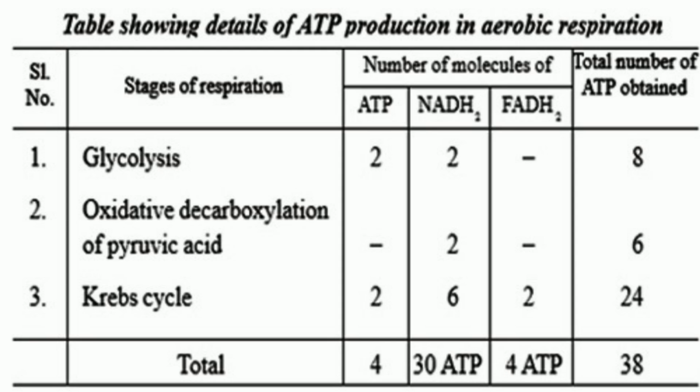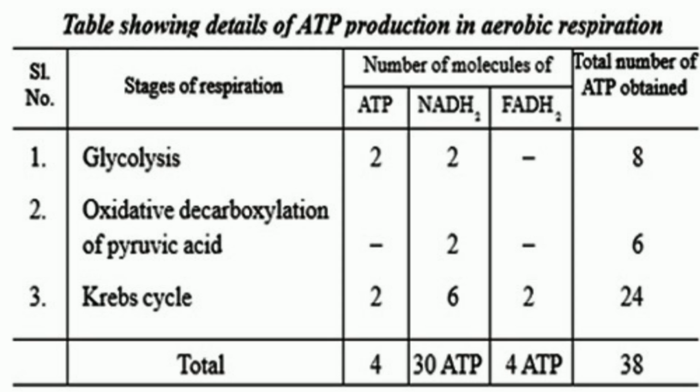And in Krebs cycle, 2 ATPs, 6 NADH, 2 FADH2, which is equal to 24 ATPs, and in total you can see there are the 4 ATPs, and as a result of NADH2, where 1 is equivalent to 3, there are 30 ATPs plus 4 ATPs here, and almost 38 ATPs are formed per cycle of the aerobic respiration, starting from the glucose to the electron transport chain.